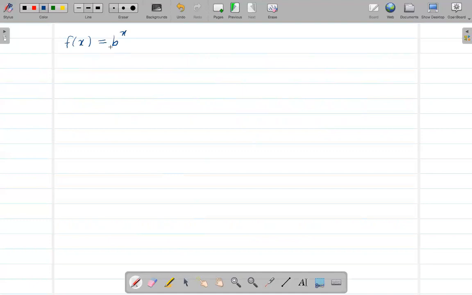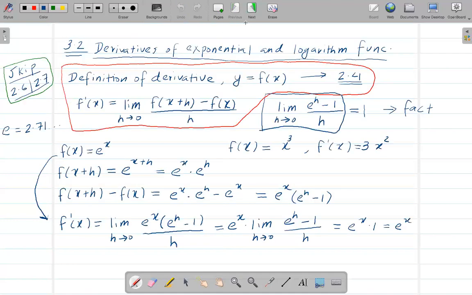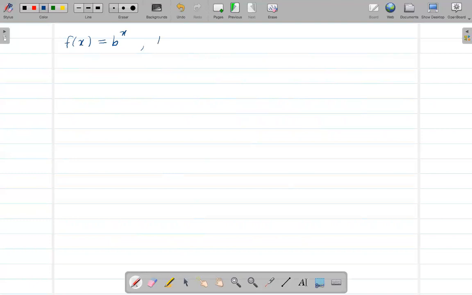Here b is not equal to e, because we said e is a special kind of number. Now b could be anything, but it cannot be 1, and it has to be greater than 0. If the base satisfies this condition, then we can also say this is an exponential function.